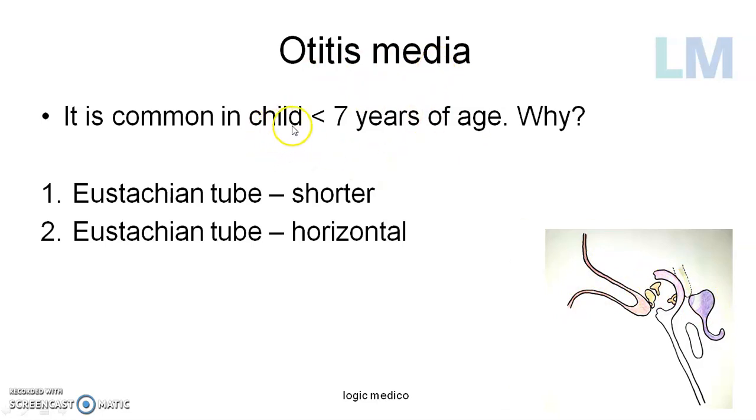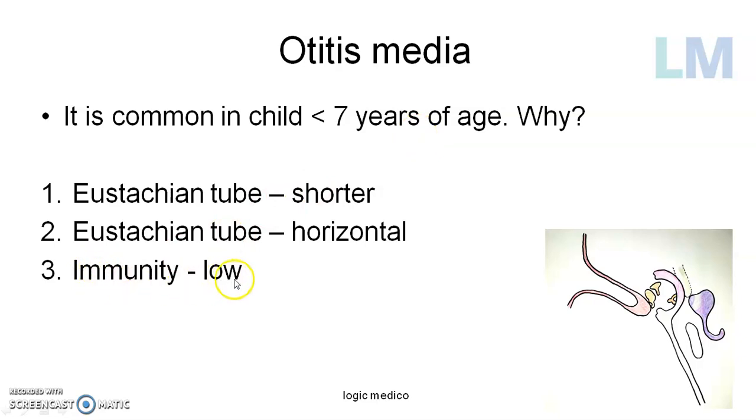But it happens more often than not in a child who is less than 3 years of age. Why? Eustachian tube is shorter and more horizontal in the pediatric age group. While some of the authors don't agree with this, they say it is not because of the eustachian tube itself, it is due to the immunity which is low. So obviously the child who is less than 7 years of age is not exposed to all the infection in this world.